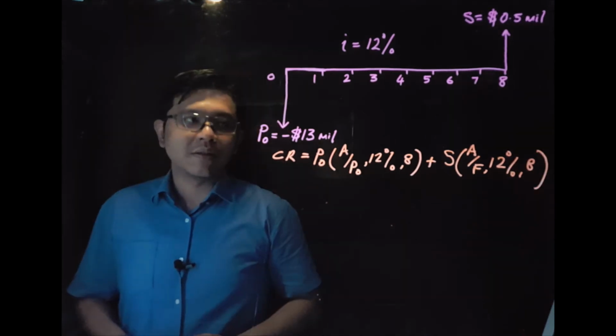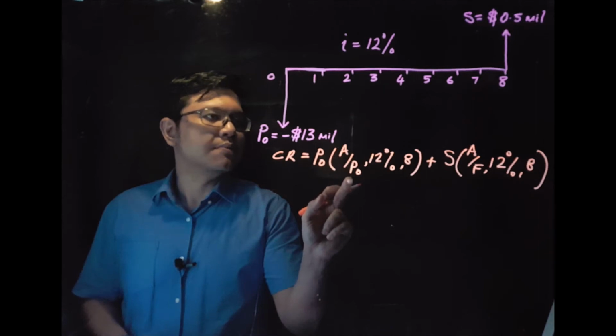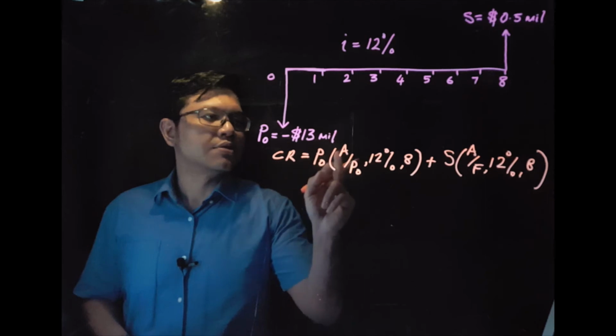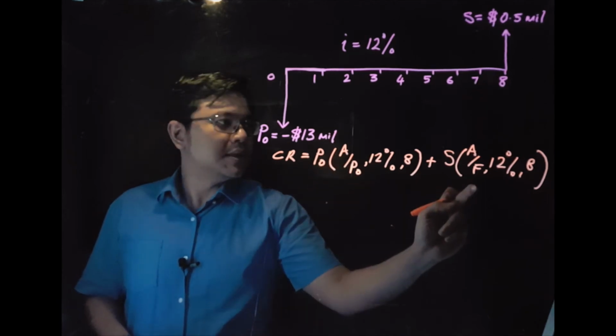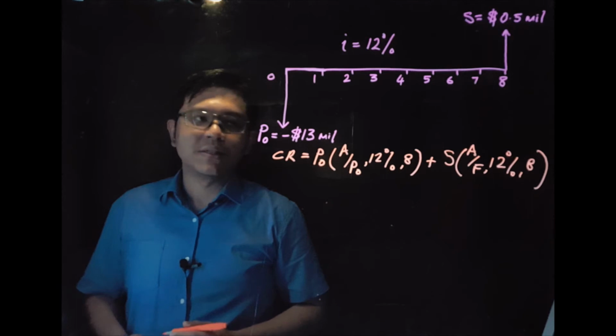Let me explain what's happening here. In the first term, the first cost of the project is converted into annual worth amount. That's why you see the A given P conversion here. In the second term, the salvage value of the project is converted into annual worth amount using the A given F conversion.